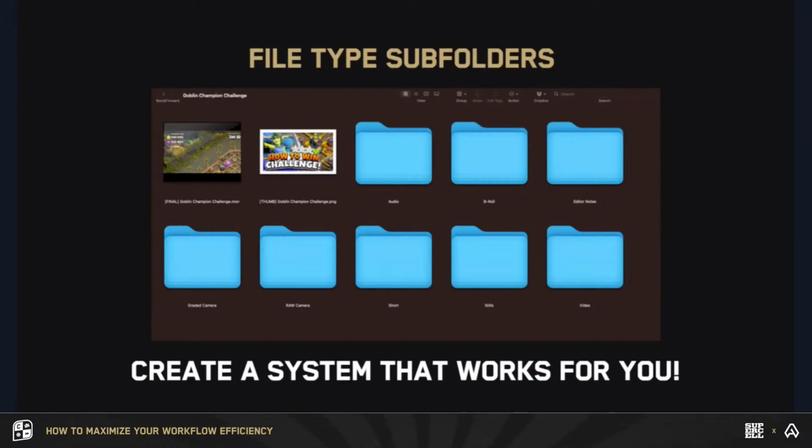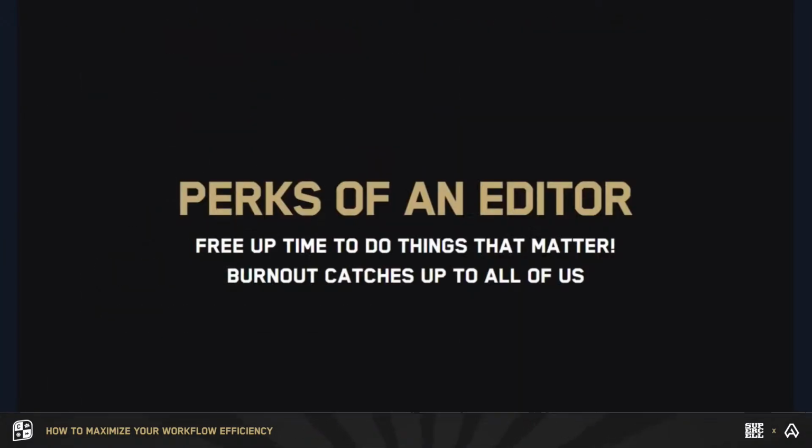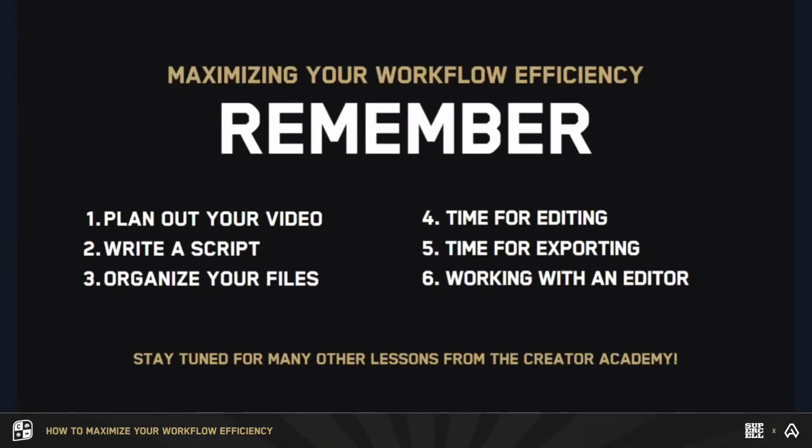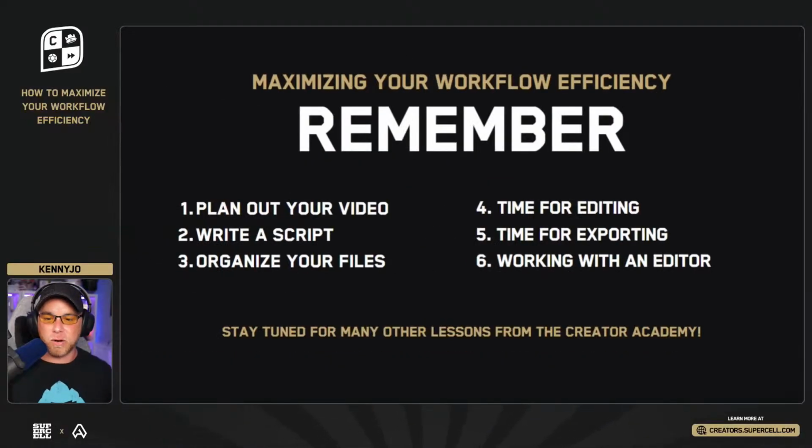Now, the reason why I name it like that is because in brackets, it places the file at the very beginning of the folder. So that way, if you go back looking for that video or you need to upload it onto YouTube, you're not searching through a whole mess of files to find the final product itself. So that was just something that I had to start doing. That way I could find files later on.